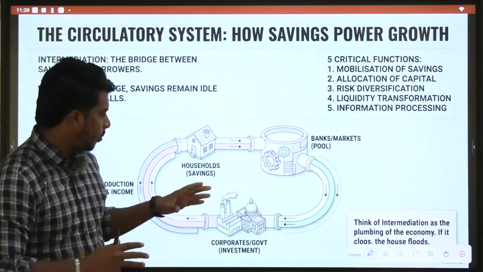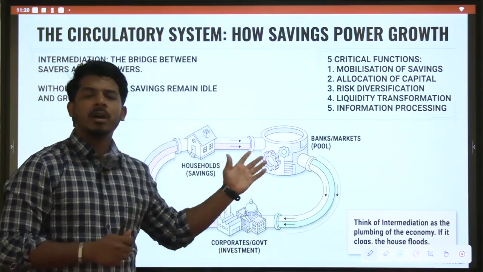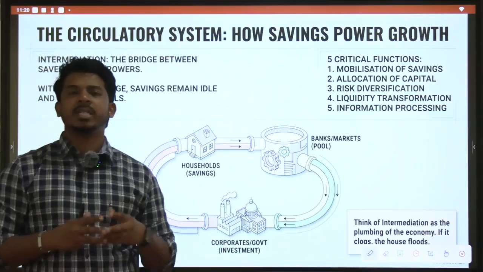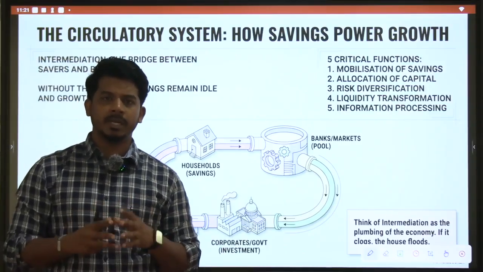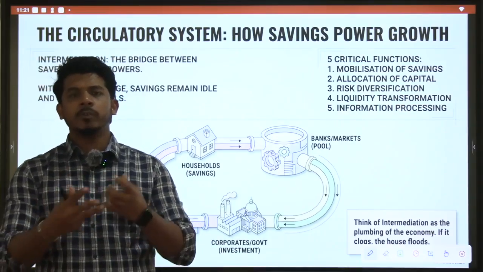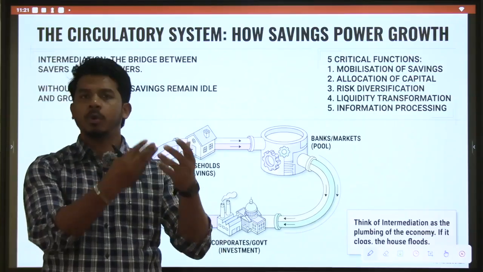But the problem with this kind of simple saving is that there is a lot of requirement for money in the economy. Many investors, many businessmen, many corporates, many individuals also, are looking for money to start businesses, to put into new investment, to generate more money.